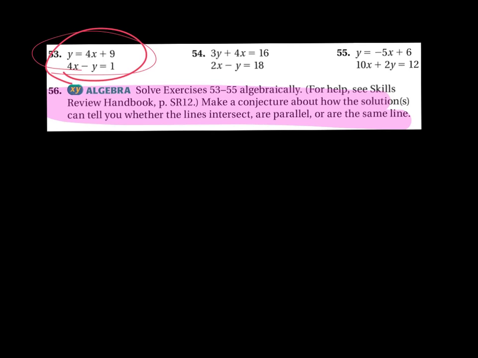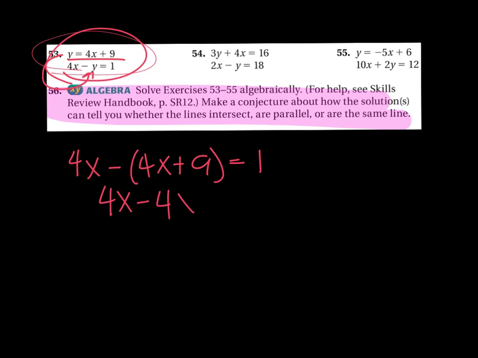Okay, this is set up as substitution, meaning one equation is already solved for a variable. So if the top is telling you that y equals 4x plus 9, then what you can do is take that and plug it in the place of y. So I get 4x minus y, which is now 4x plus 9, equals 1, and then distribute the negative.